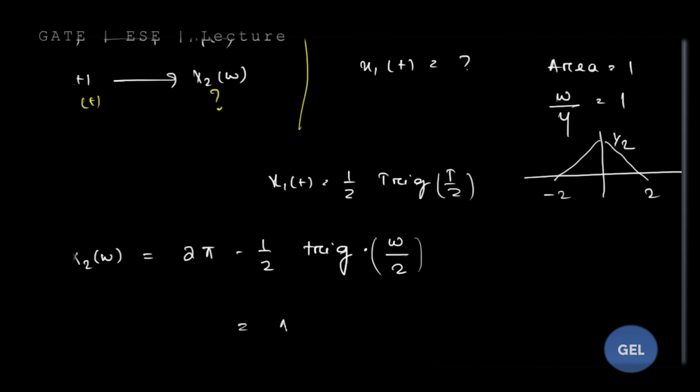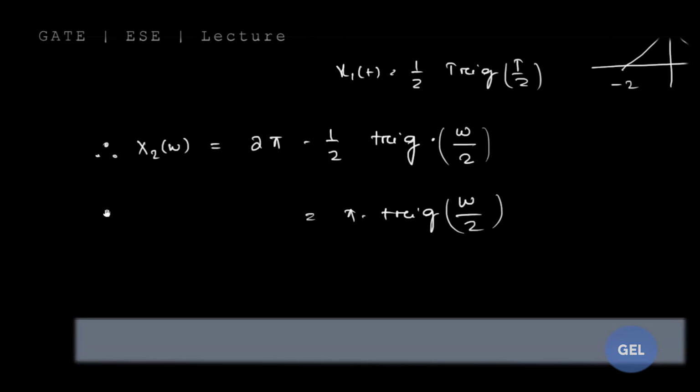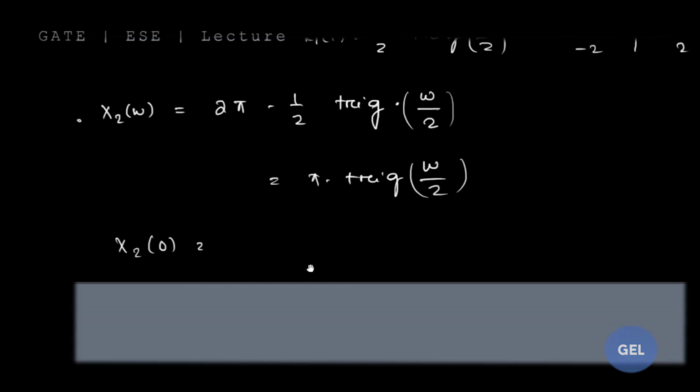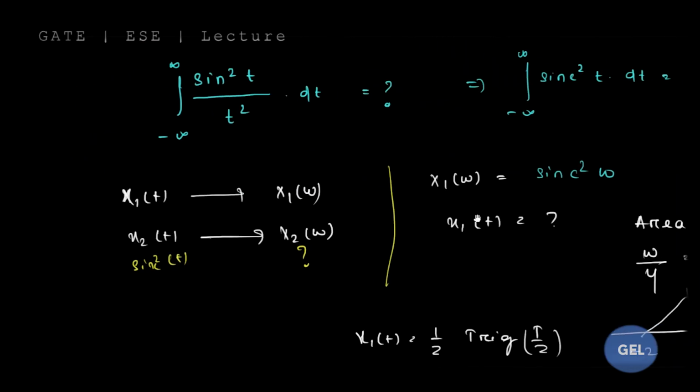Simple: π into triangular ω/2. Clear? Now here you can clearly see the X2(ω) value, but we need to find X2(0). So X(0) will be π into triangular of 0. This will be your answer, π into triangular of 0. Clear?